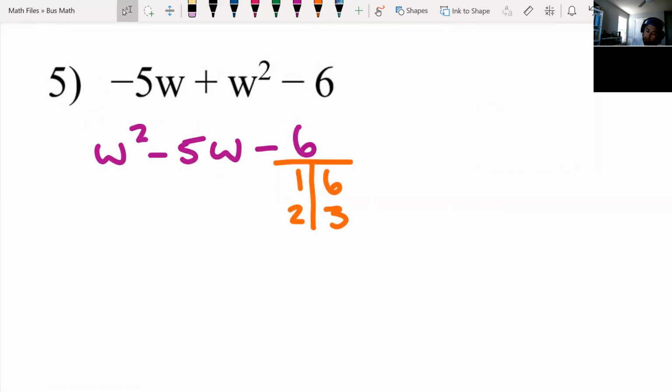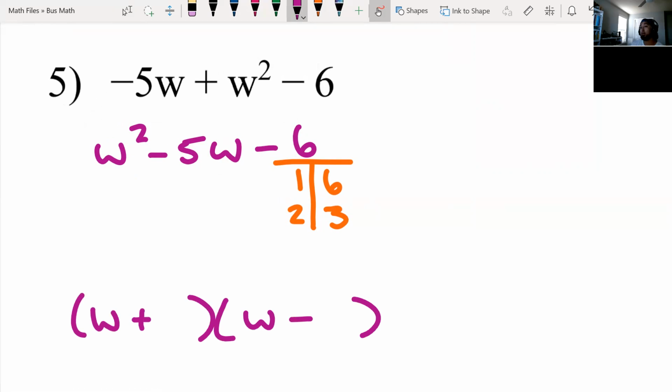So w squared minus 5w, when I factor this, we're going to get w plus a number and w minus a number. That means one of these has to be added and one subtracted. So no matter what, this will help us decide which factors to use. 2 and 3, right?